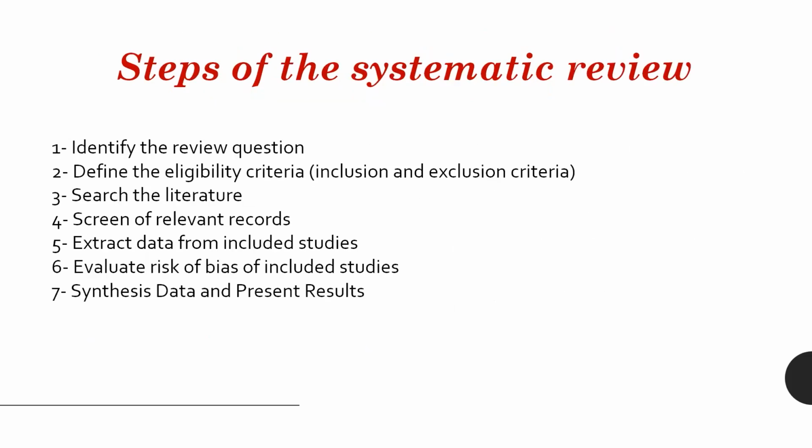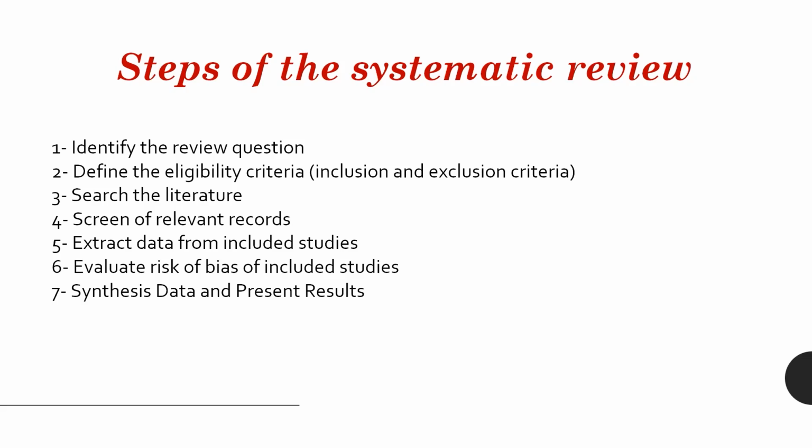Now we will talk about the steps of the systematic review. Number one, identify the review question, which is formulating a well-defined research question. Number two, define the eligibility criteria, or what's called inclusion and exclusion criteria, which will be used to determine whether or not a study will be included in the research.